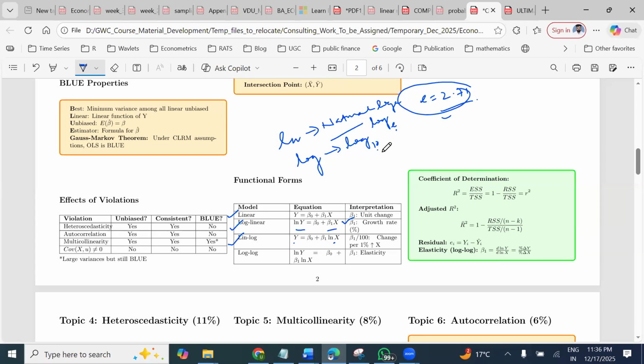E is a special number, right? What is E? Do you know what E is?